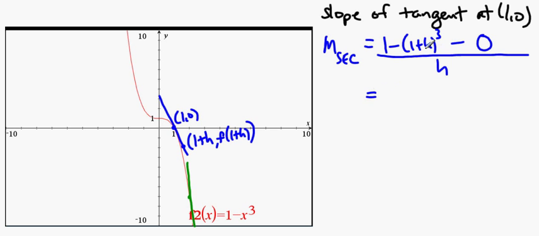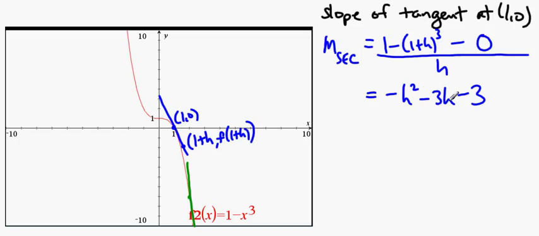And if I do, then all sorts of stuff cancels out and simplifies and you divide by h, and I'll let your algebra work that out. But that all simplifies to negative h squared minus 3h minus 3. That is the slope of the secant line. So if I were to choose as my other point 2 comma something, then h would be 1, I'd sub 1 in for h, and I'd be good.